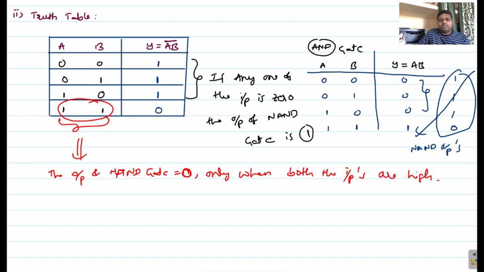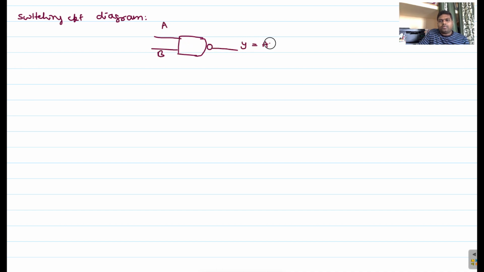And if you observe the switching circuit diagram for this NAND logic, here I am taking this as your AND logic symbol. Okay, this Y equals (A·B) bar. Inside the box, we have a switching circuit diagram like this.